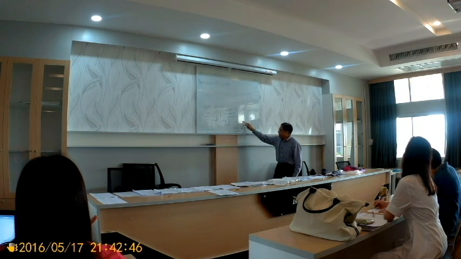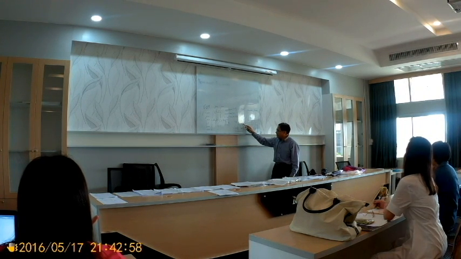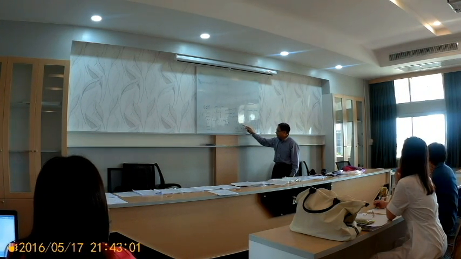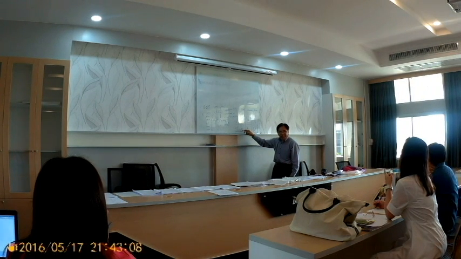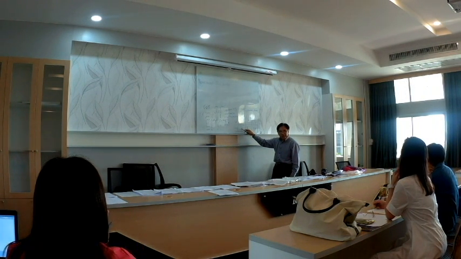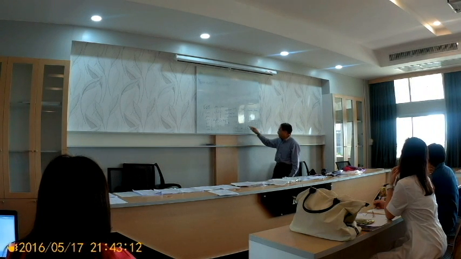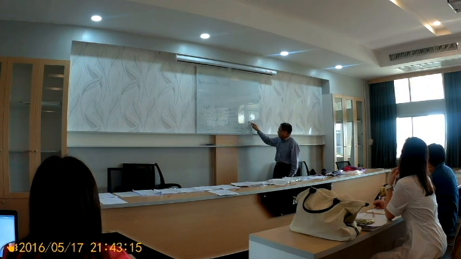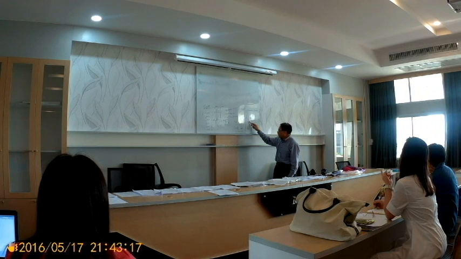So here, mid, front, close, and unrounded. Correct. This one, mid, front, open, and rounded. This one, low, front, and rounded. Don't use close and open. Follow. Okay, this one. Mid, central, close, and rounded.